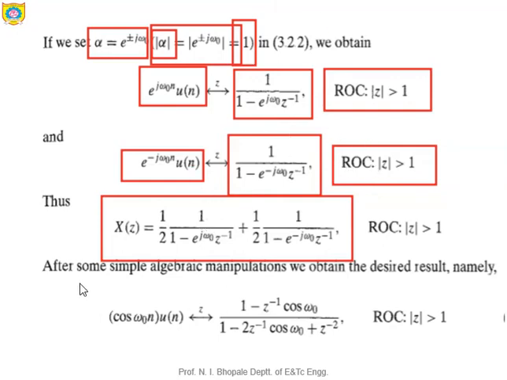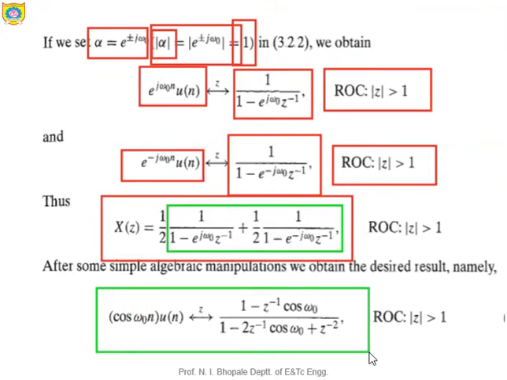Now let's see, when we apply some manipulations on this e raised to j omega 0 term, it will result in the z transform like this, that is 1 minus z inverse cos omega 0 divided by 1 minus 2 z inverse cos omega 0 plus z raised to minus 2, and obviously the ROC will be mod z greater than 1.